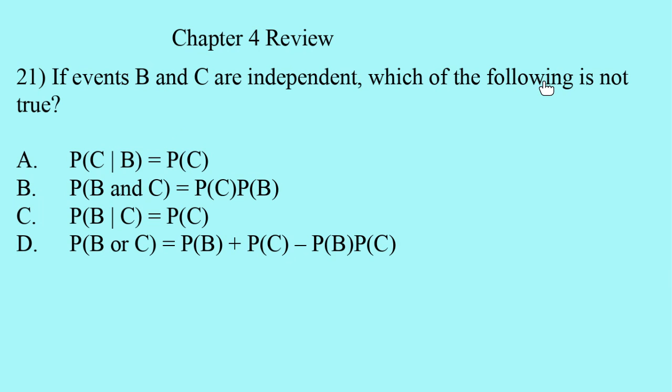However, the one that is not true is A. So look at the logic. The probability of C happening, given that B has happened, is equal to the probability of C happening. Okay? Remember, this is a conditional probability.